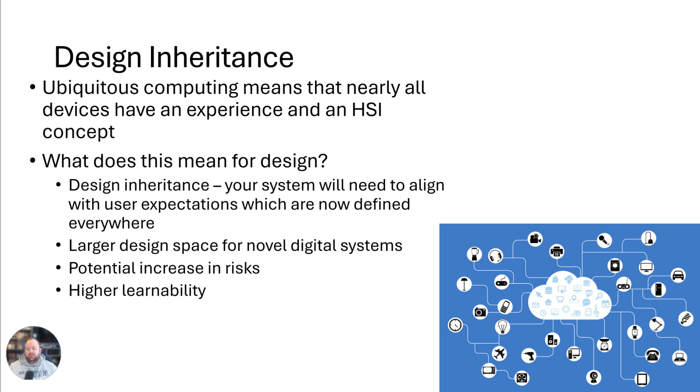Especially in the modern ubiquitous computing space, all devices have some kind of experience and HCI structure. So what does that mean for all of us in design? Your system, application, whatever, will need to align with user expectations, which can now be defined anywhere and everywhere.